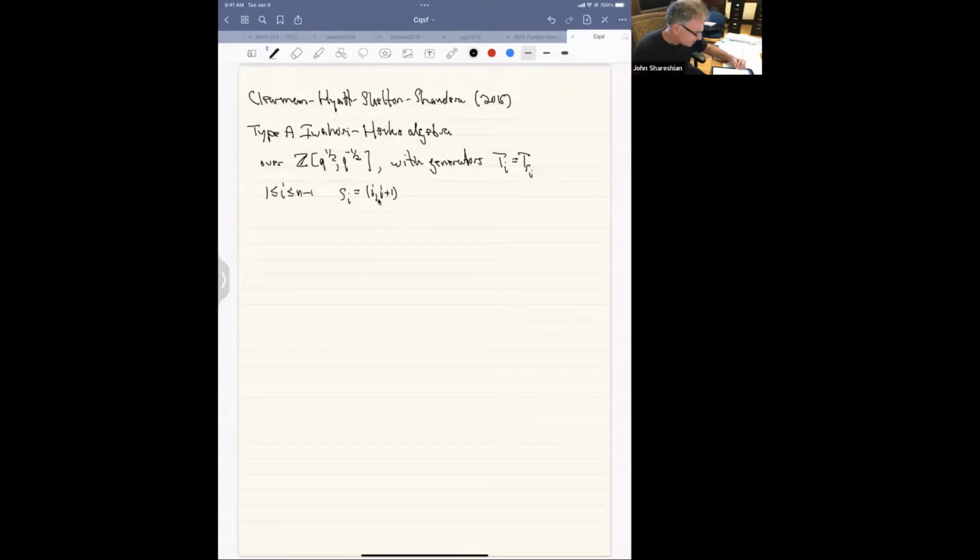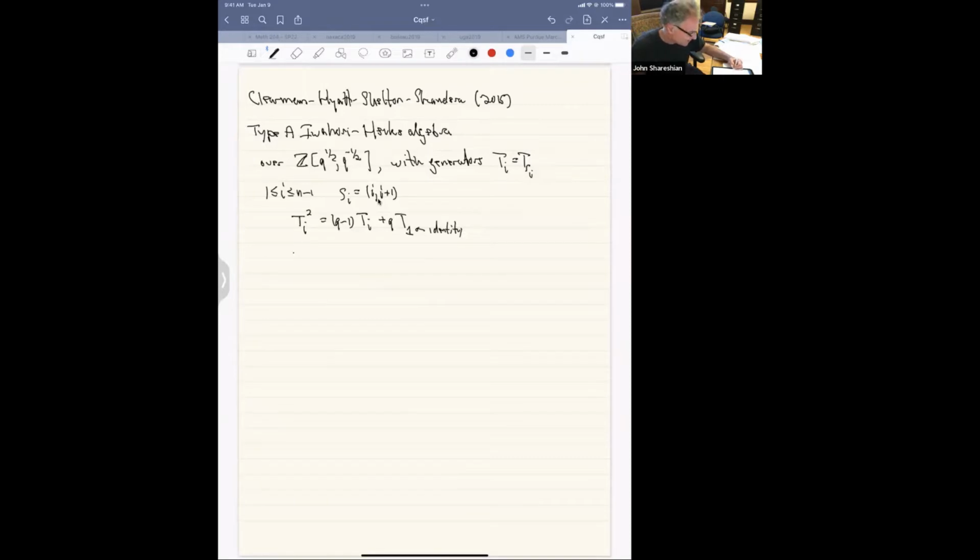And now the relations are given by a presentation. T_i squared is (q-1)T_i plus qT_1. So this is the identity element, the multiplicative identity, which corresponds to the identity element of the symmetric group.